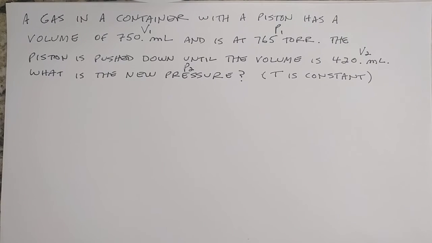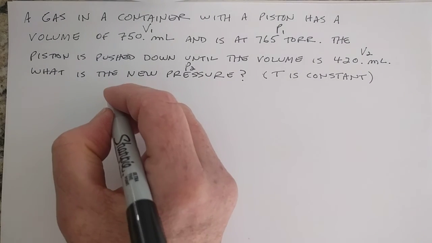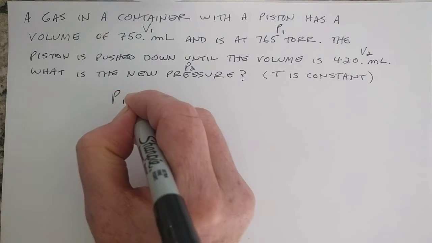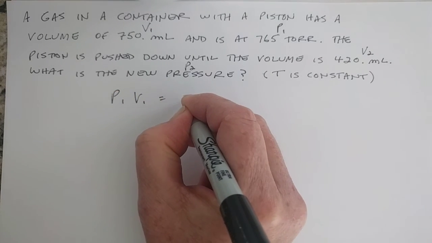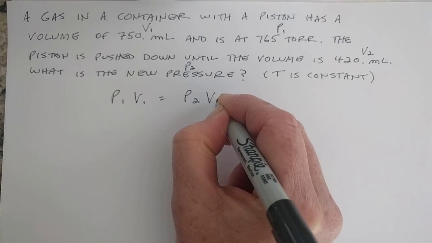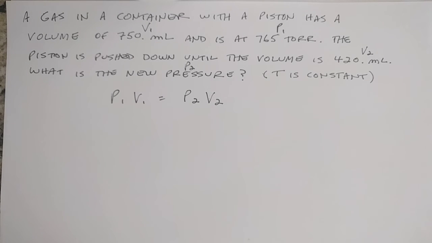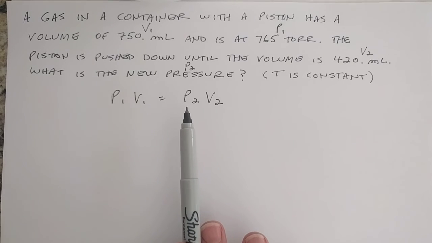So now we're going to write our equation for Boyle's law. P1, V1 equals P2, V2. And now we're going to substitute in. Now, when we used the ideal gas law, because we had that ideal gas constant R that had specific units, we had to use the units of R. We don't have R here, so we do not have to use the units of R. But what we do have to have is the same unit.